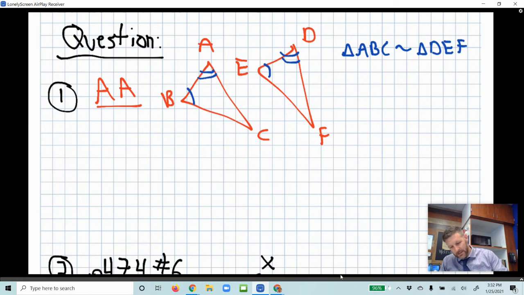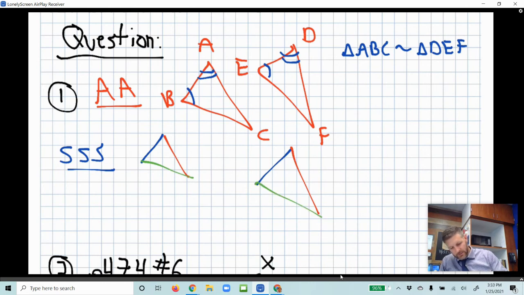What's the second method? The second method is side, side, side. We'll just change up the color. And so this gets us into some triangles, and we'll go ahead and do it the way the book does it. Some color to represent what we're talking about.